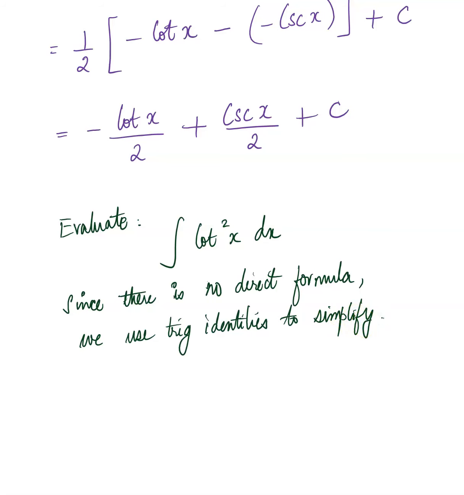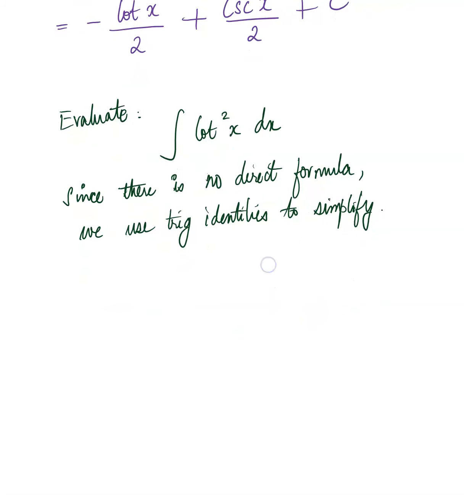If it was an algebraic expression that was not directly helpful, then we would use algebra techniques to simplify. But here, because it's trig, we use trig techniques, and usually we use the identities. Because this involves a square, the first thing that comes to my mind is the Pythagorean identity.